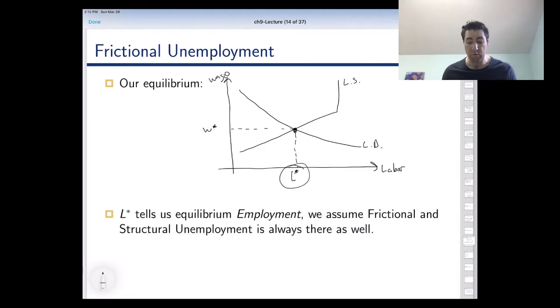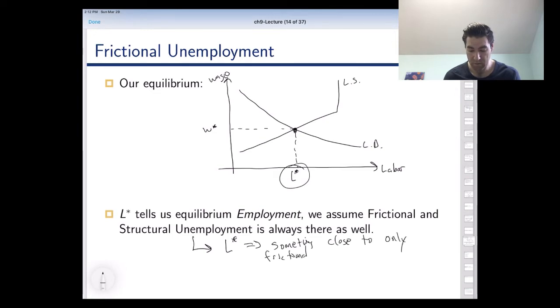What we're going to assume is that at that L star, we still have the frictional unemployment. So L star, perhaps you can think of as implying the natural rate of unemployment, where we typically should be, all else the same. Something close to that at least. Only frictional unemployment. And we're going to add in structural unemployment here in a second.